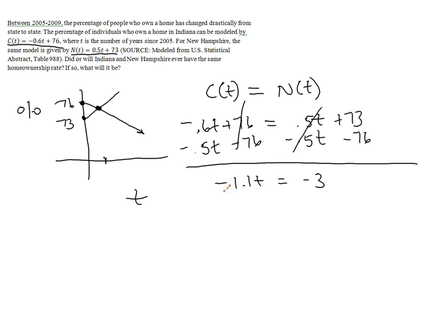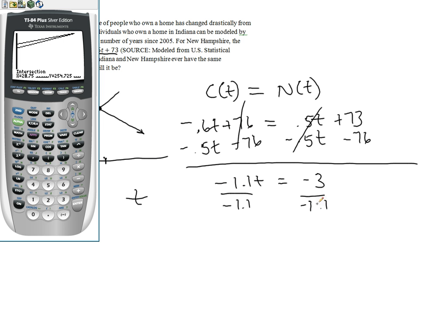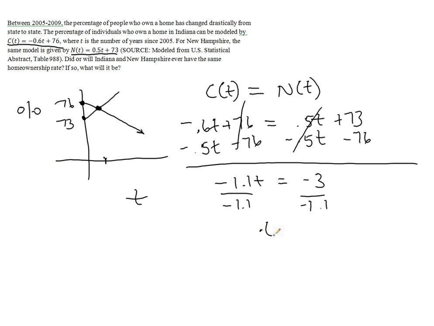So I need to divide by negative 1.1 on both sides. Alternatively, we could also do this with a calculator, finding the intersection points of the curves, but we're going to do this one algebraically. Negative 3 divided by negative 1.1, and we get t is about 2.7.